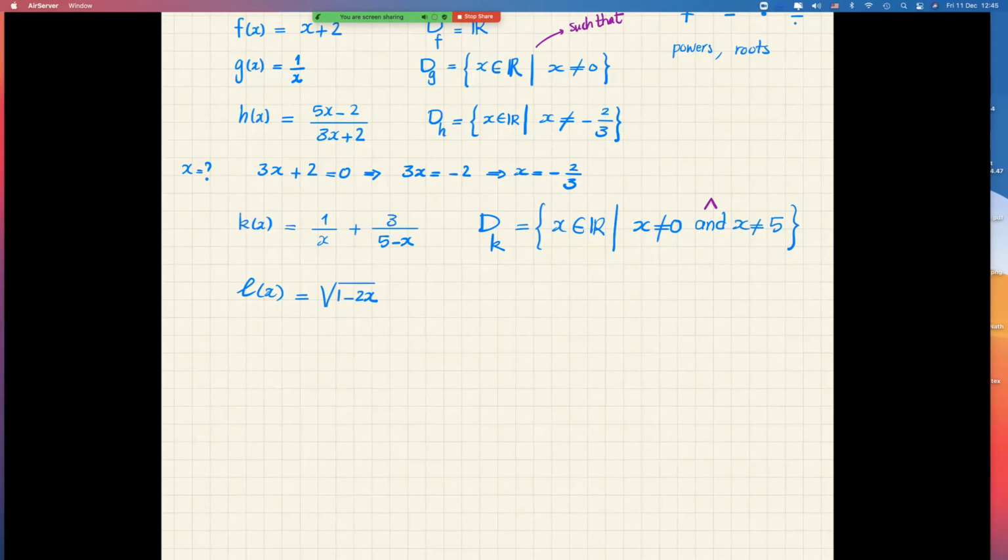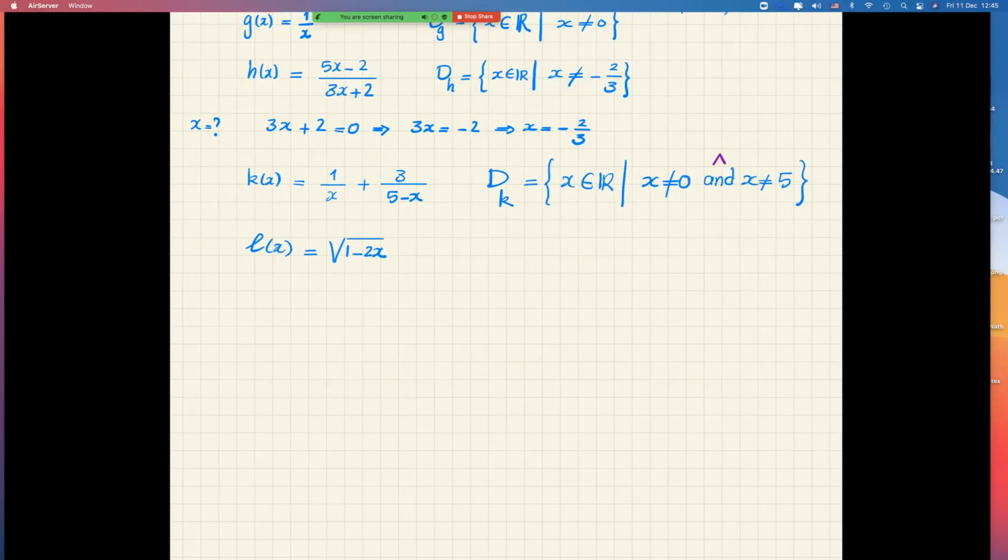So how should I find it? There are operations. Let us investigate the operations. I have a product here, no limitations. I have a subtraction here, no limitations. But then I have a square root operation. There is some limitation for this we need to know. So what is the limitation?